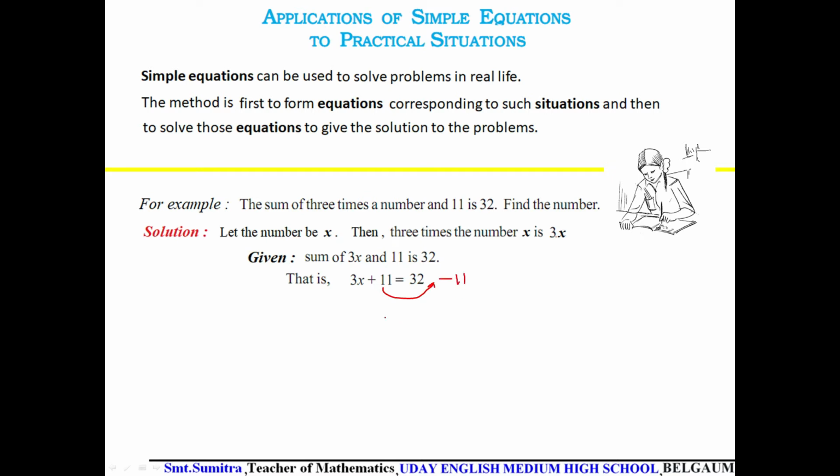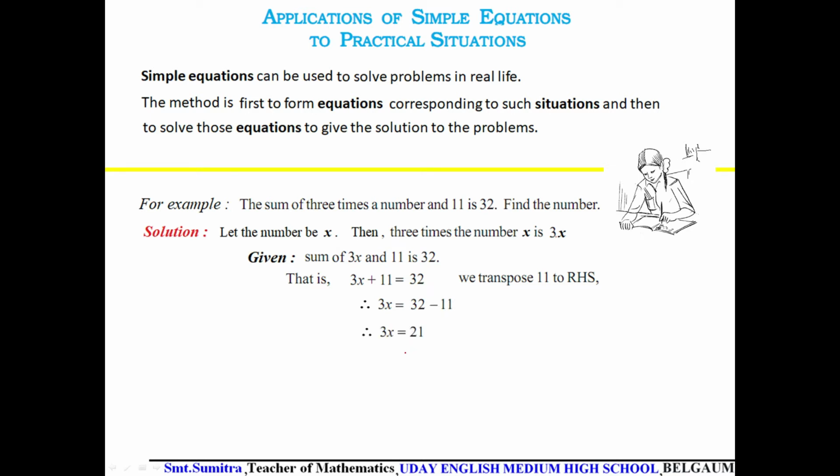So 3x is equal to 32 minus 11. Therefore 3x is equal to 21. Now to remove this 3, we have to divide both the sides by 3. Let us see in detail all the steps. We transpose 11 to the right hand side. It becomes 32 minus 11. So 3x equal to 21.